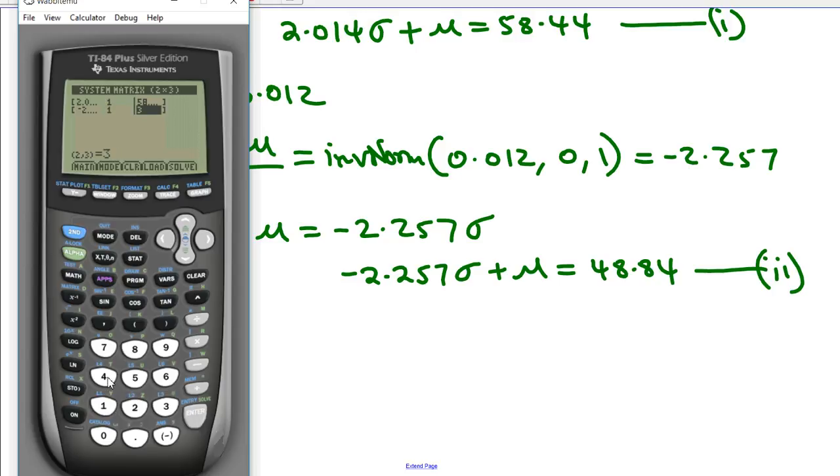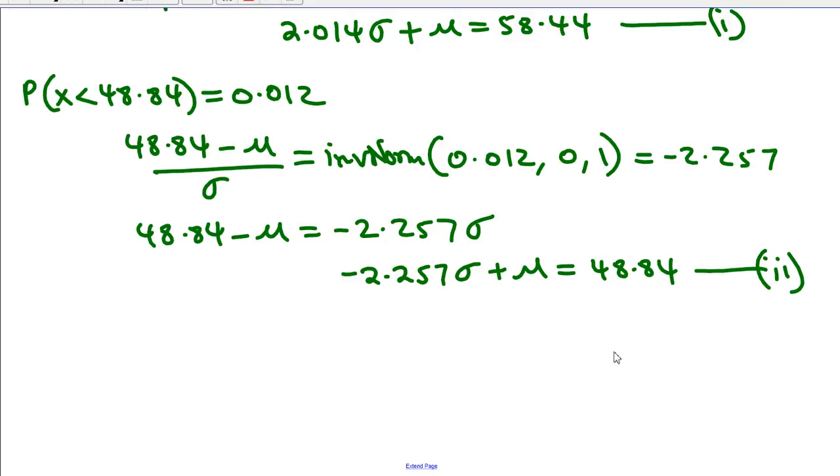So what I'm just plugging in is the coefficients of these equations. And then you'll end up with this. So from here we can see that our standard deviation is 2.25 to 3 significant figures, and our mean is 53.9. So our standard deviation is 2.25, and our mean is equal to 53.9.